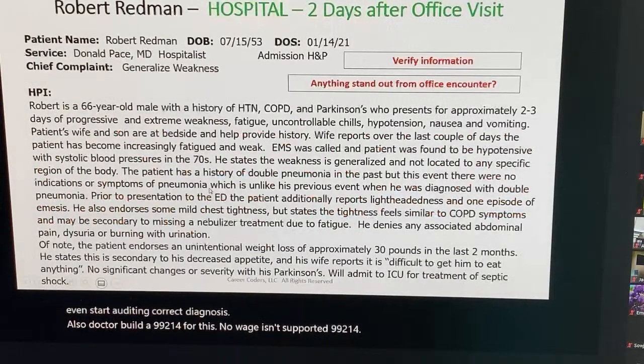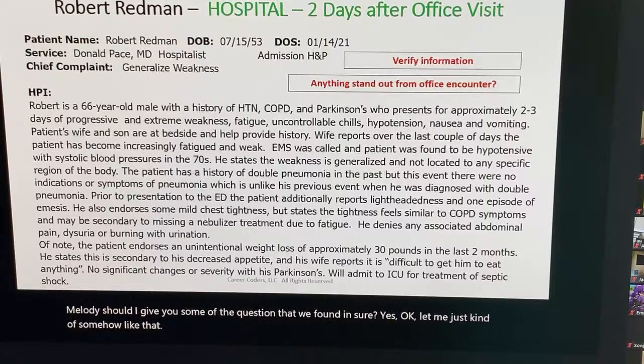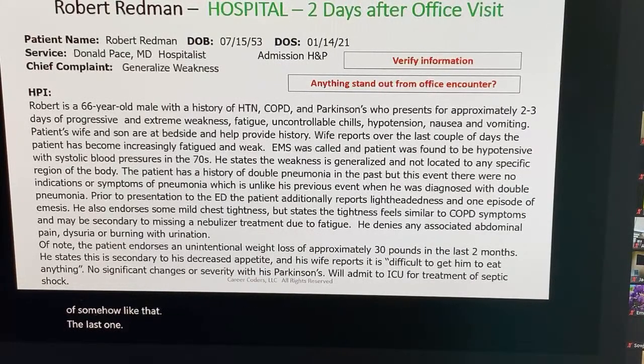Melody, should I give you some of the questions that we found in the chat? Yes. Okay, there's several of them. This is the last one. Since he is giving cream for flares, we can still consider gout? No, we cannot assume anything as coders.